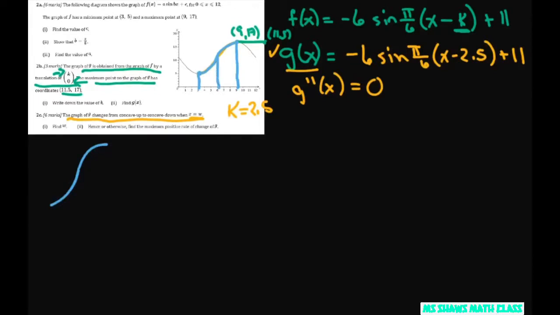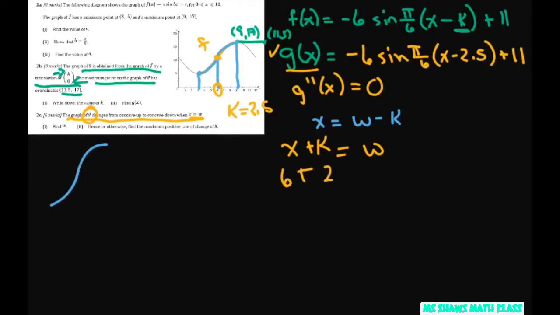So all you have to do for that is just to write that X equals W minus K, which you could say W equals X plus K. So this point here of inflection starts at 6, but we're adding our K because we're really talking about G. So this graph here is F. And remember, G is just a shift to the right by 2.5.